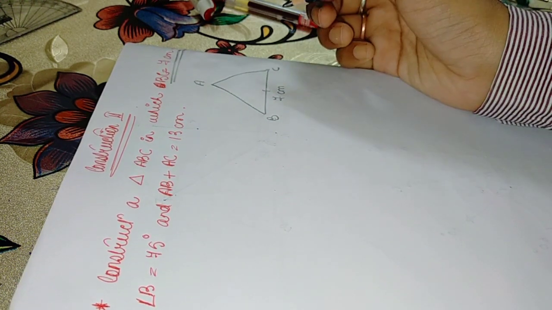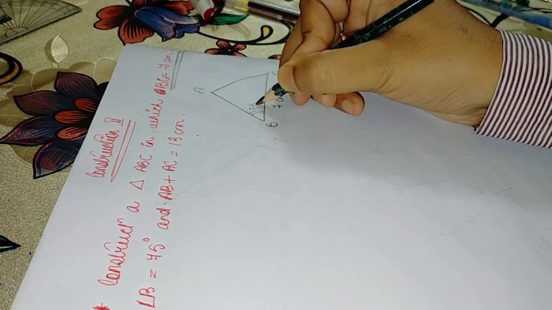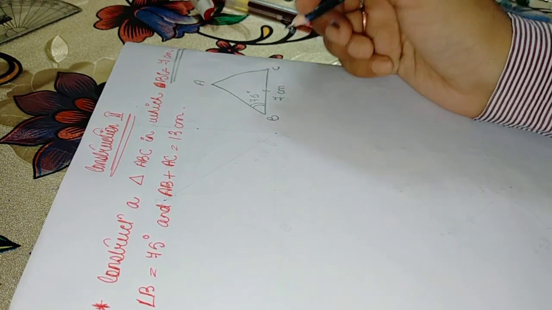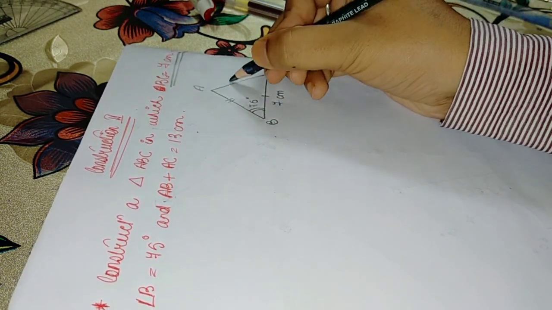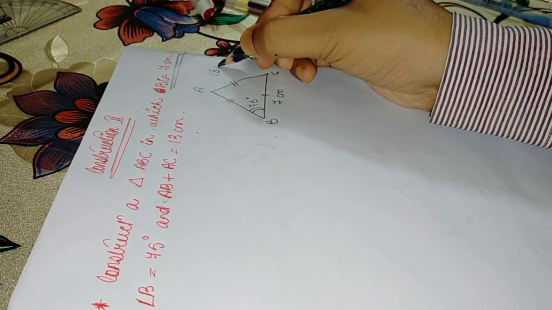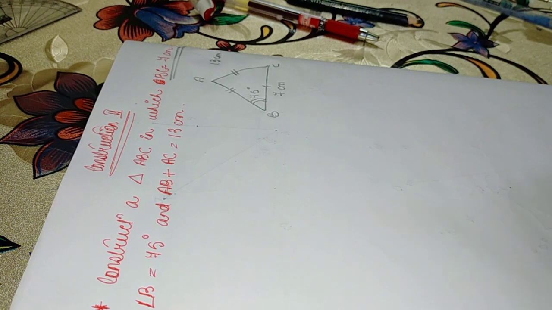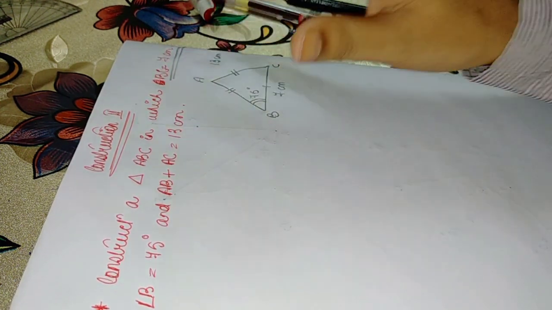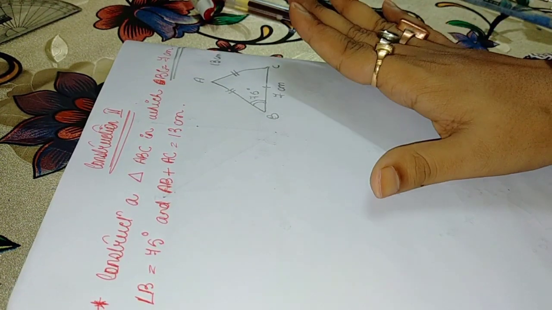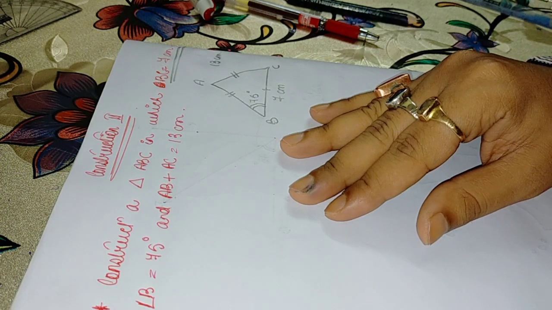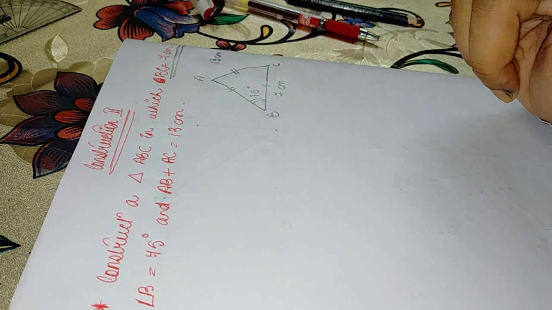Angle B is equal to 75 degree. Then AB plus AC, this side plus this side, is equal to 13 centimeter. So we have to draw a triangle keeping the values that are given in the question. These are the basic values given in this particular question, and we will try to draw a diagram based on the information provided to us.